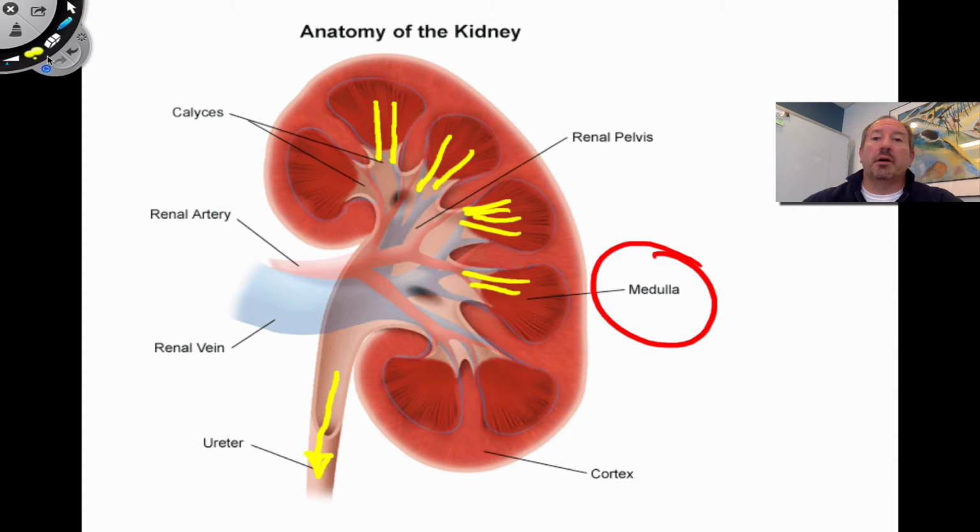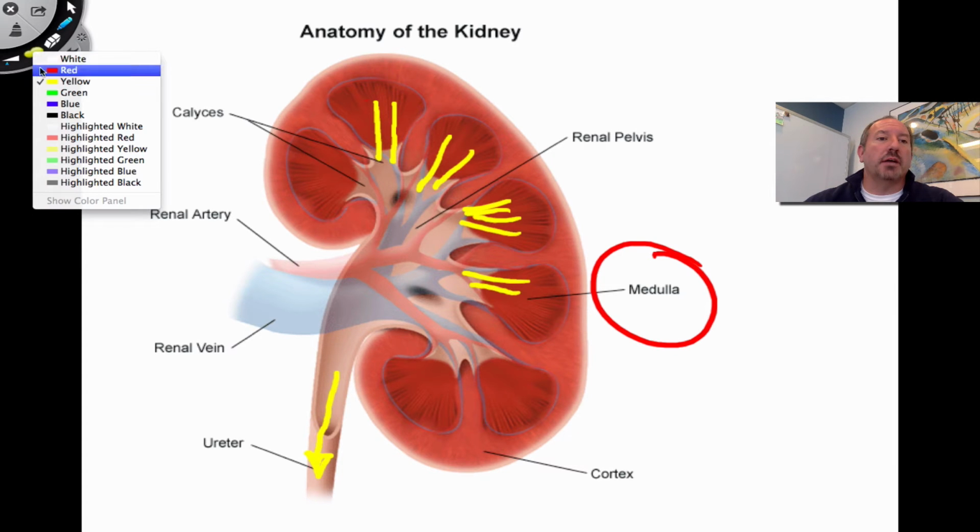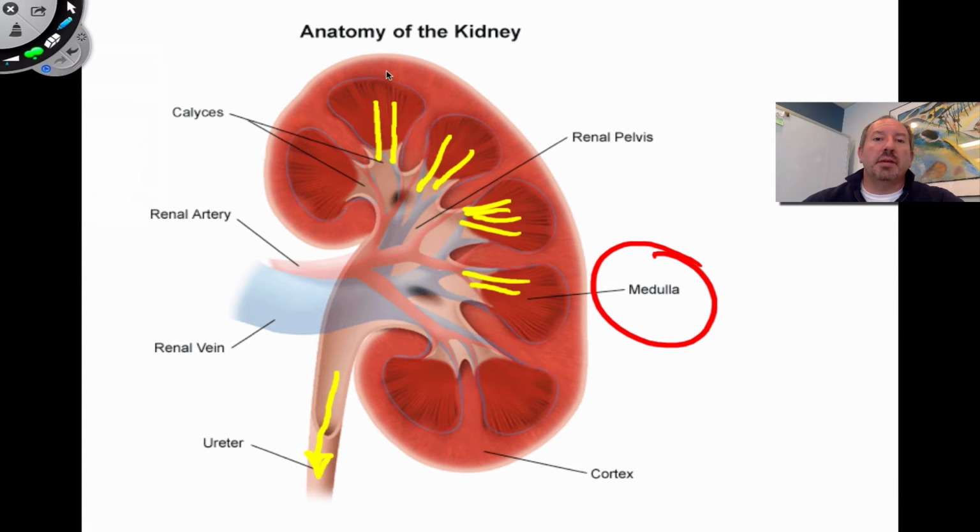And so where are these nephrons, and what do they look like? Well, they're found in part up here in the cortex, which is this outer region right here. So part of the nephron is located here, and then it extends a little bit down into the medulla. Part of it is in the cortex, part of it is in the medulla.